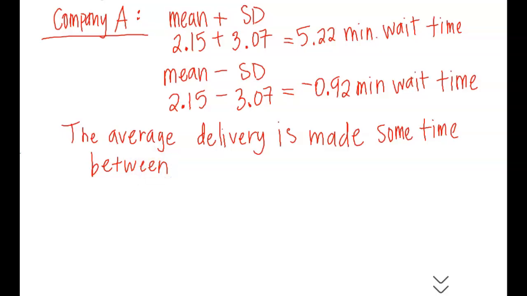The negative, yes. Between, what do I want to round 0.92 to? 1. Between 1 minute, what? Early. Early, good. Between 1 minute early and how would you finish it? 4? We went past 4 though. No, it's 22 minutes later. 5. And 22 seconds. We can just make an estimate. 5 minutes late.